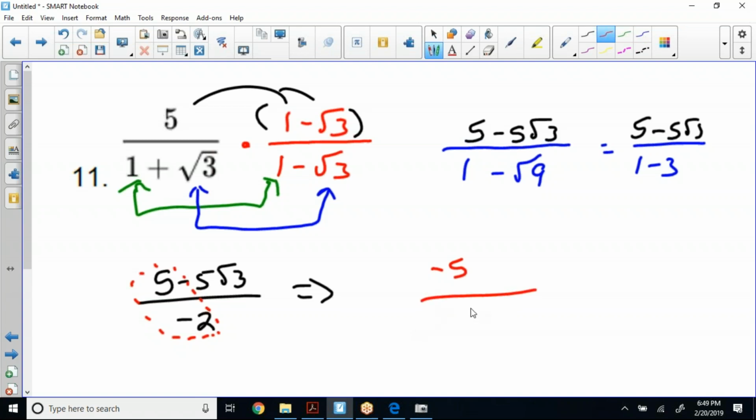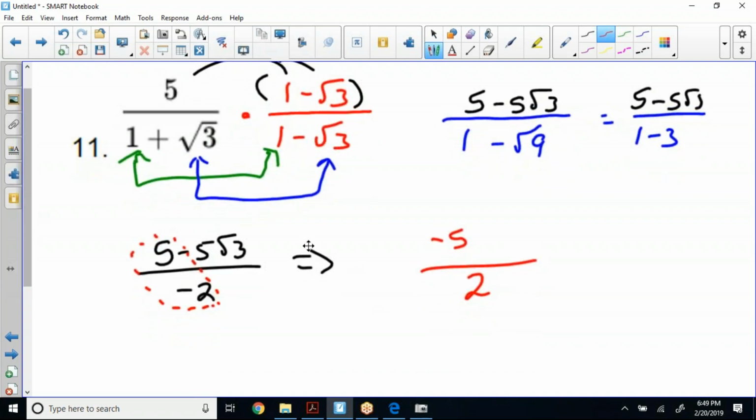It's all going to be over 2. Yeah, okay, hold up. Just stay with me. And a negative makes a what? So do you see how I've done this? Basically what you do is, you just change all the signs up top. So that positive 5 went to a negative. The negative 5 square root of 3 became a positive. Does that make sense?